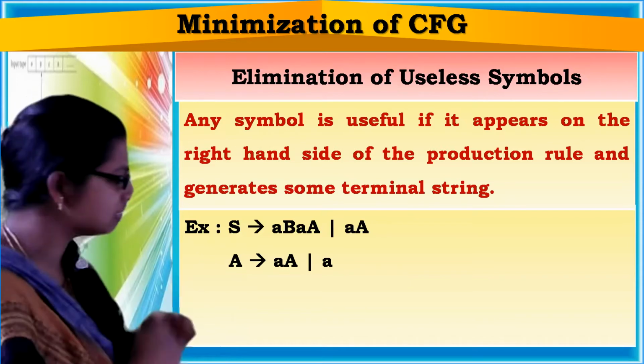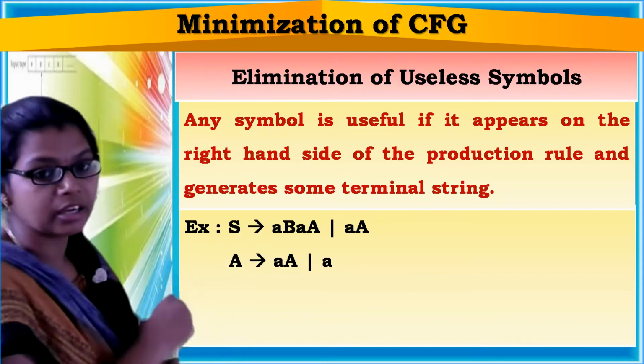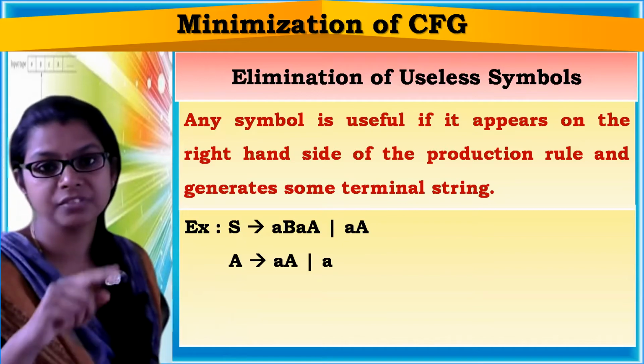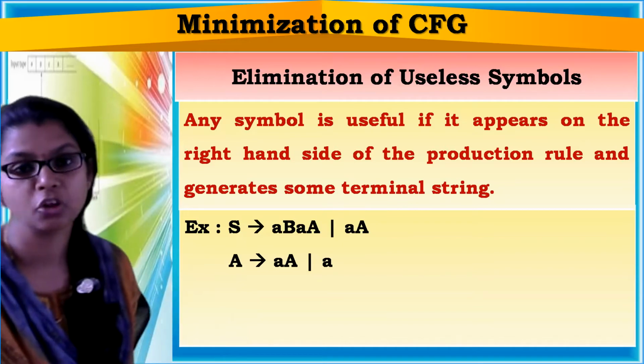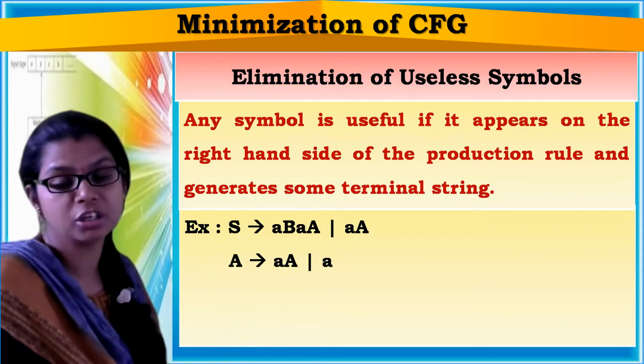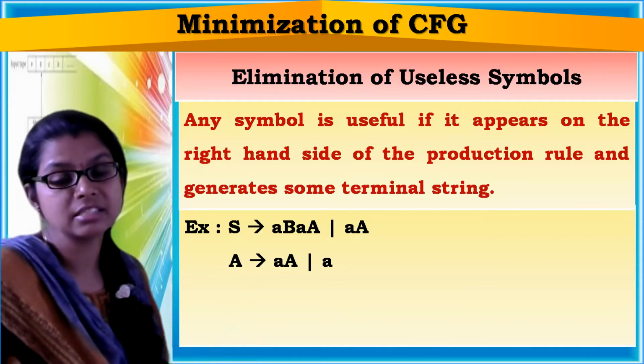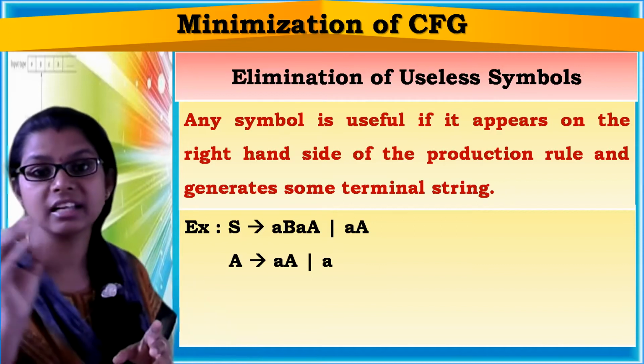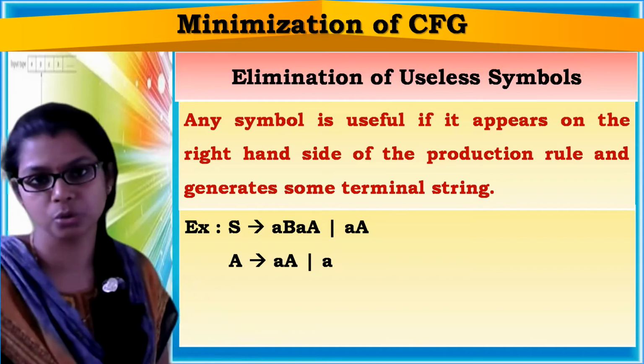Now observe this. In the first rule, we have non-terminal B. Is there any production rule for B? B is not present on the right hand side of any production rule.